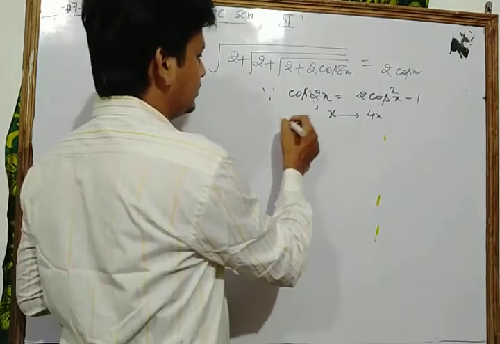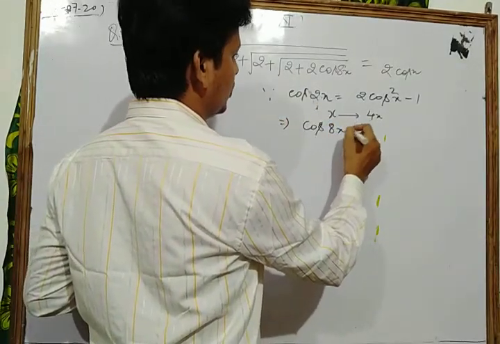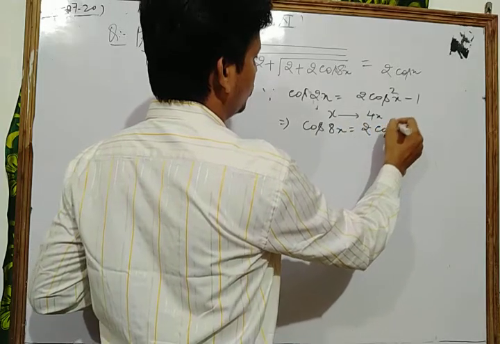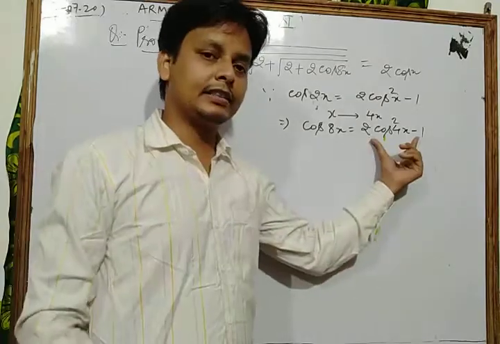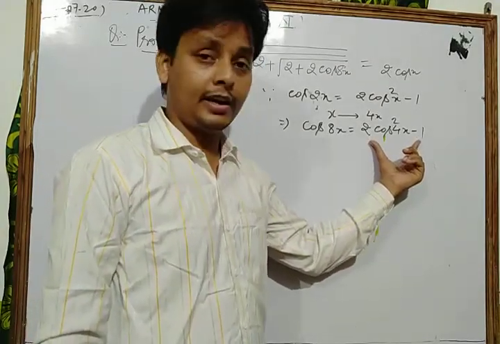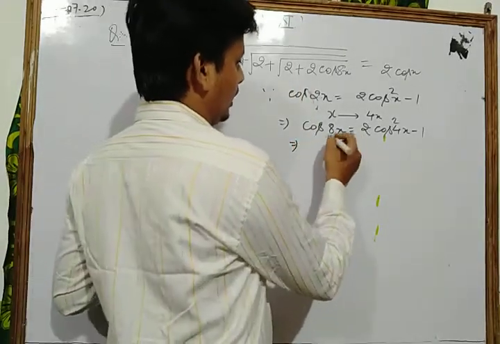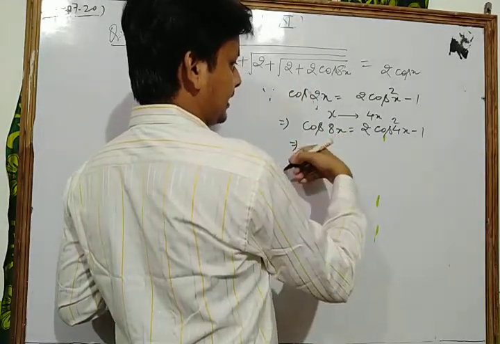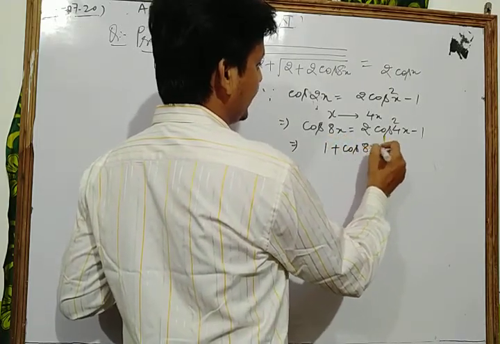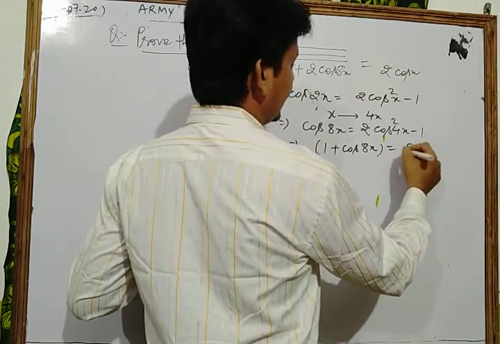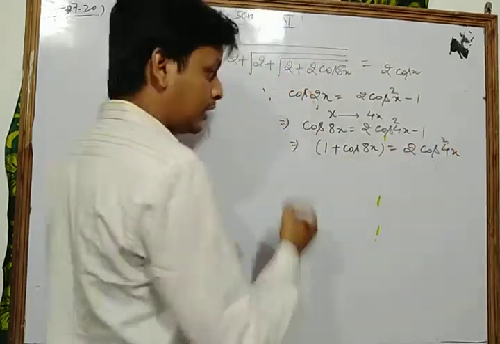We get cos 2 into 4x, that is cos 8x, equal to 2 cos square 4x minus 1. Also, if we rearrange, we get 1 plus cos 8x equal to 2 cos square 4x.